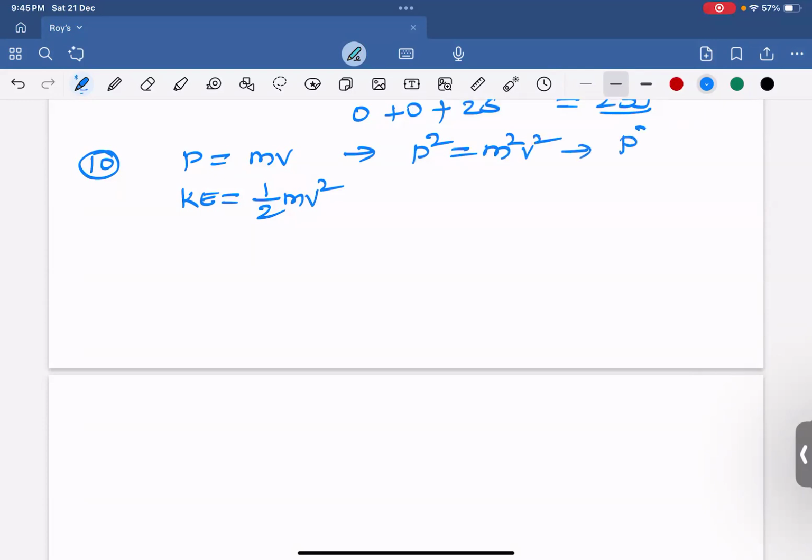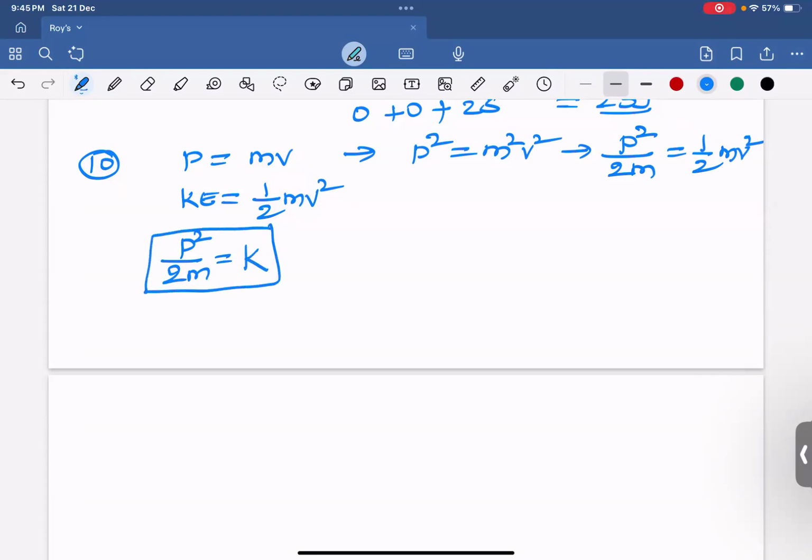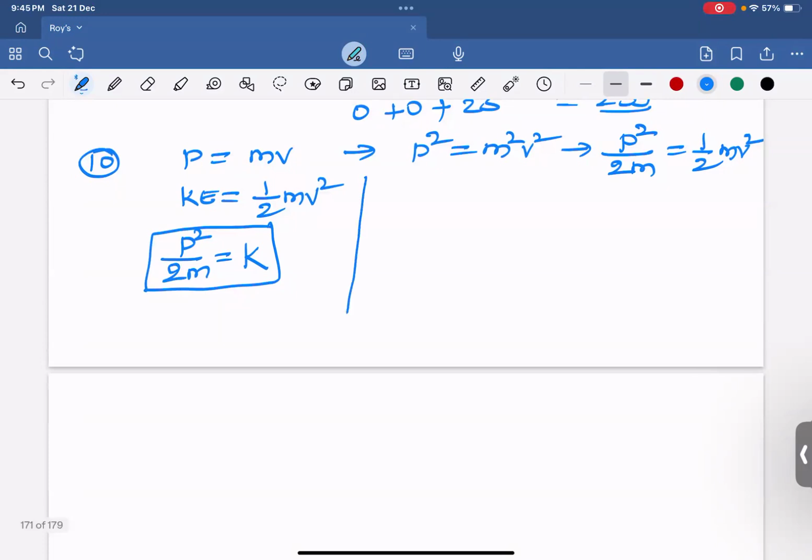Then you divide both sides by 2m, and you get half mv square. So kinetic energy is basically p square by 2m. This is the relation. Now kinetic energy is increased by 44%. Then what is the percentage increase in the momentum?